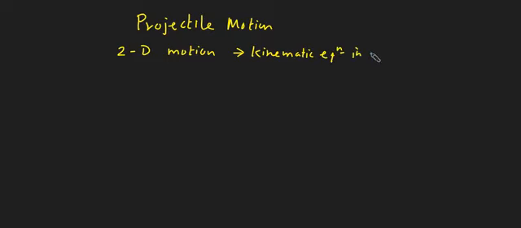Okay, so what we usually have is an xy coordinate system. The horizontal axis is the x-axis, and the vertical axis is our y-axis. Anything that moves in this coordinate system as a function of time can be described by two-dimensional motion.